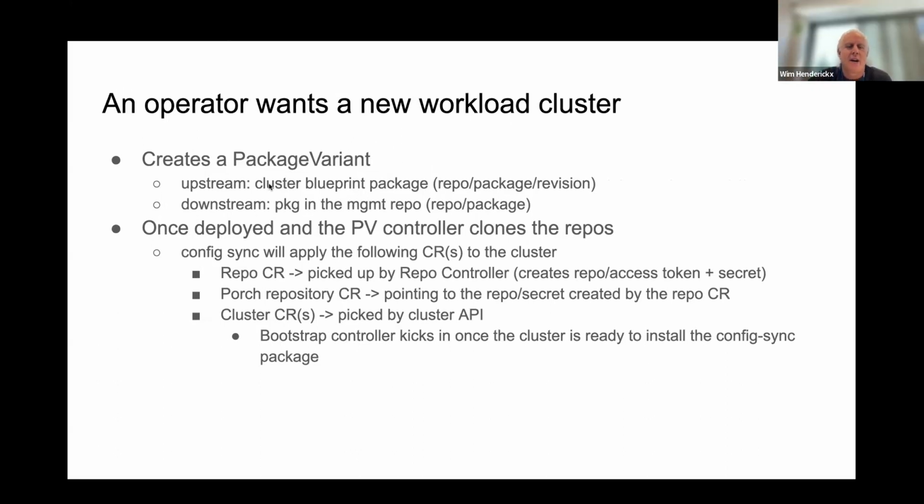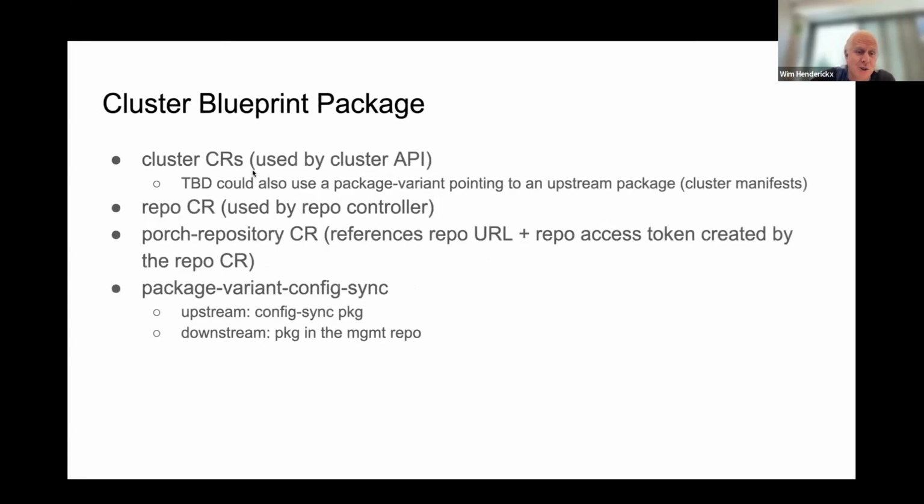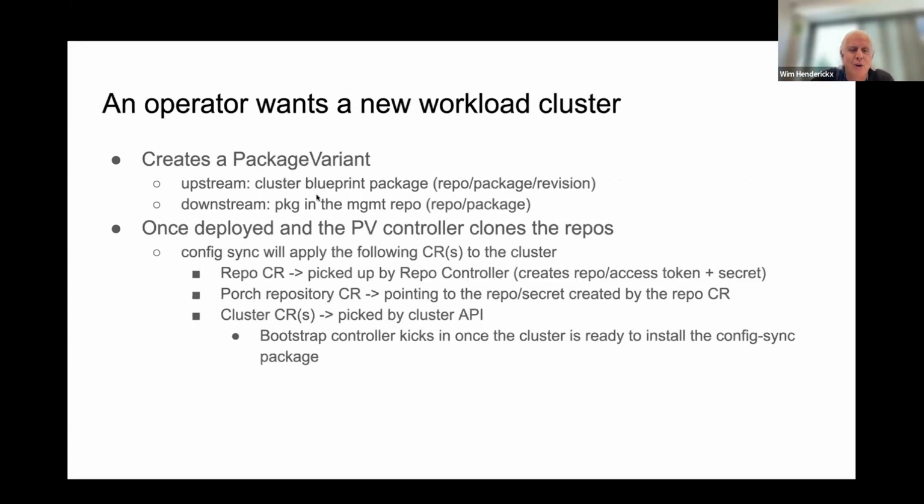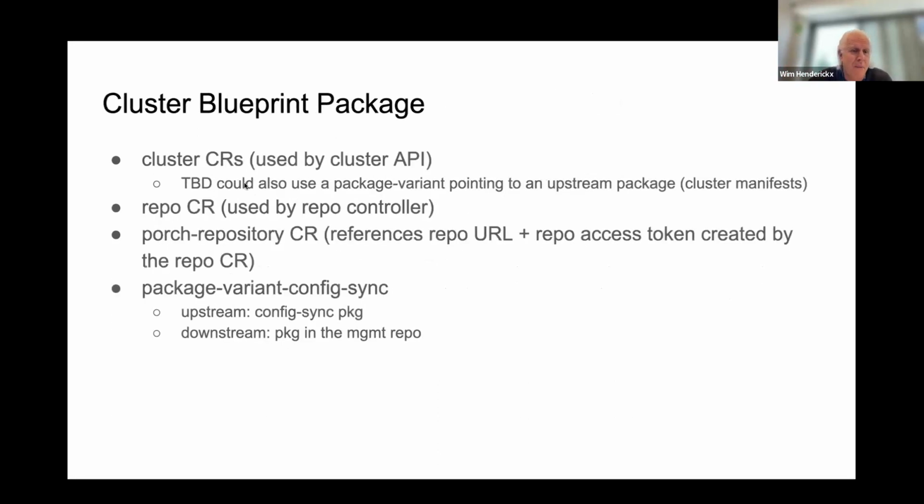So we reference this blueprint that you saw here, and you say deploy this on that management repo, and it somehow has a reference to a cluster name one way or another. That's what I'm assuming. Once this package variant does that, it will create another package variant for this cluster to be actuated, as well as this config sync.